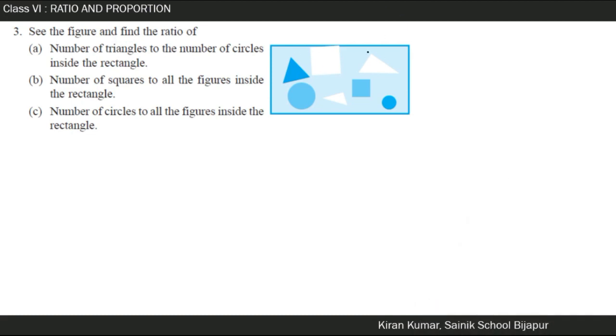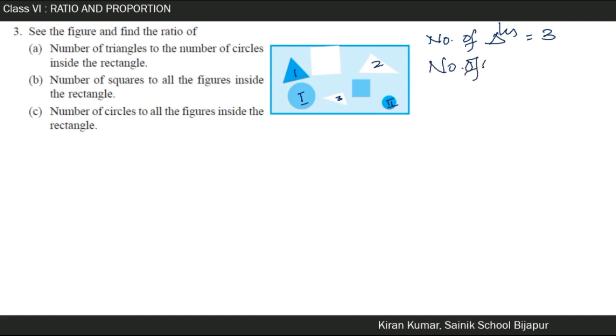In the given figure, you just observe the number of triangles. There are 3 triangles. So the number of triangles is 3. The number of circles is also 3. No, there are only 2 circles.